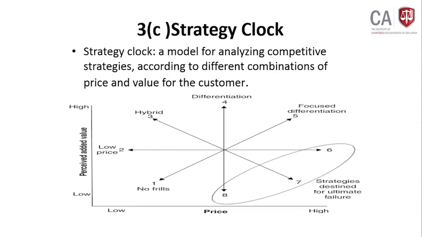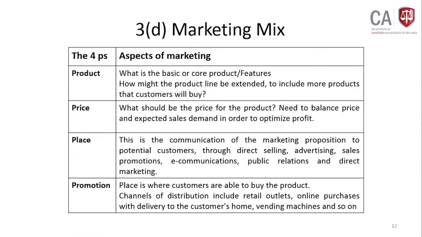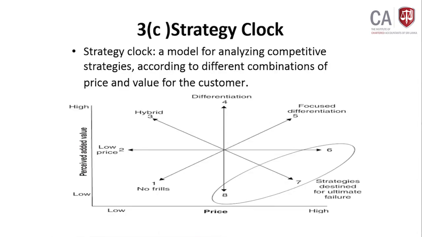First option is called the no frill strategy. What is the meaning of the no frill strategy? Here price is low, at the same time perceived added value is also low.